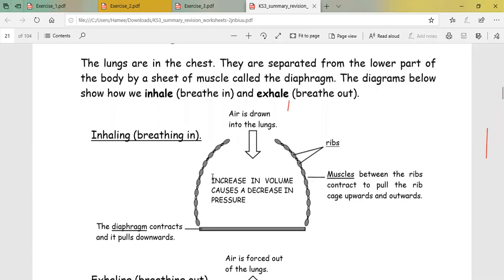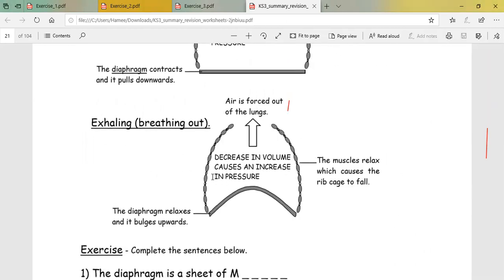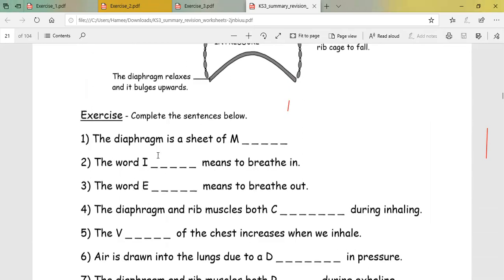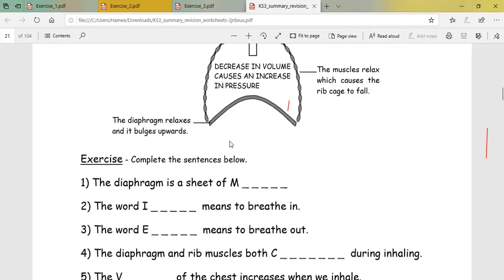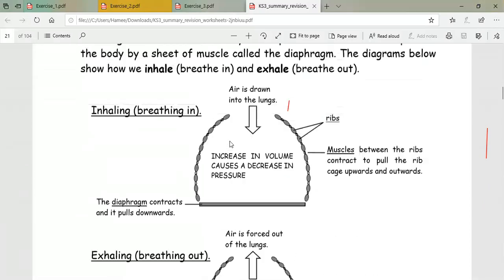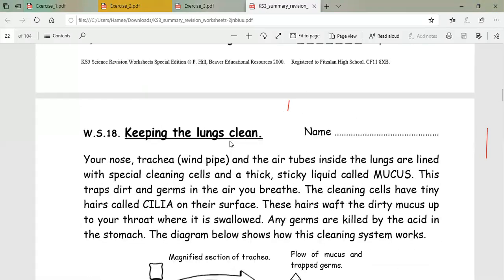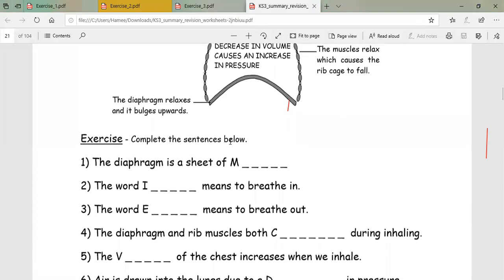The next one says the diaphragm is a sheet of muscle. What does it want you to say? The diaphragm is a sheet of muscle.